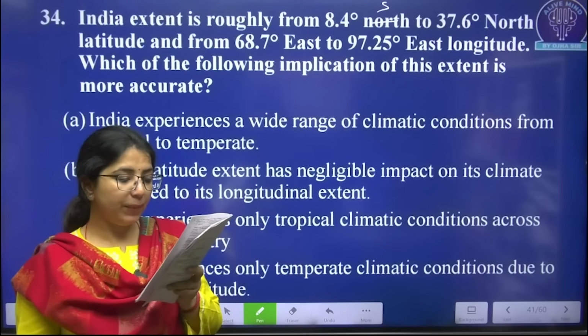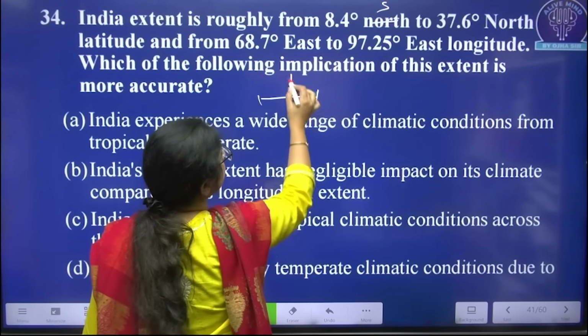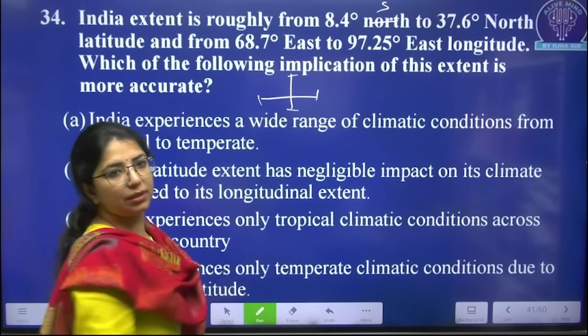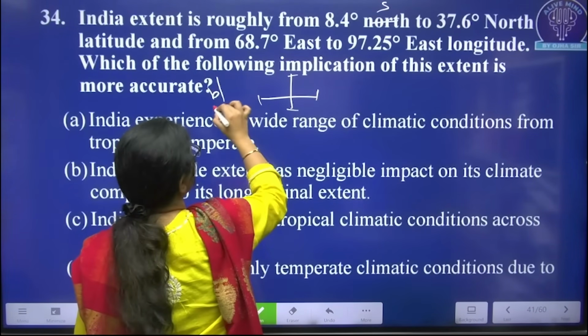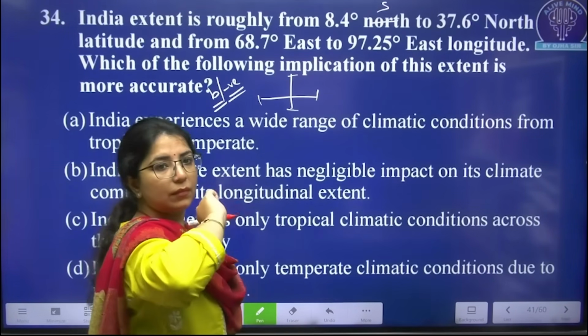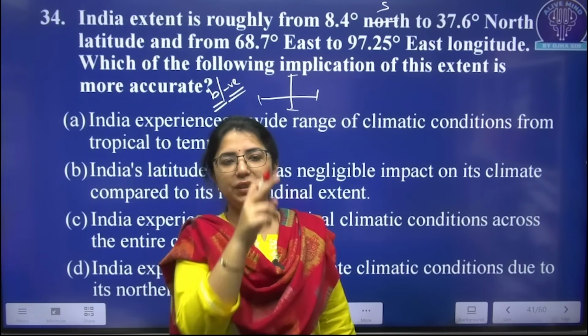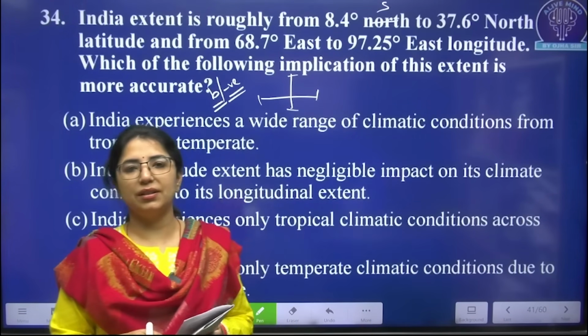Which of the following implications? That means what is the implication of having this latitudinal extent? Implication means benefits and negatives both. What risk you involve because of these extents and what benefits you have because of these territorial extent.